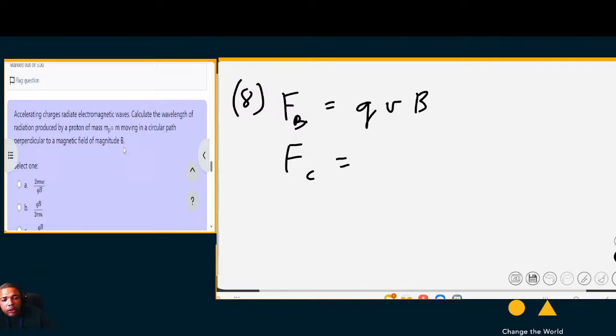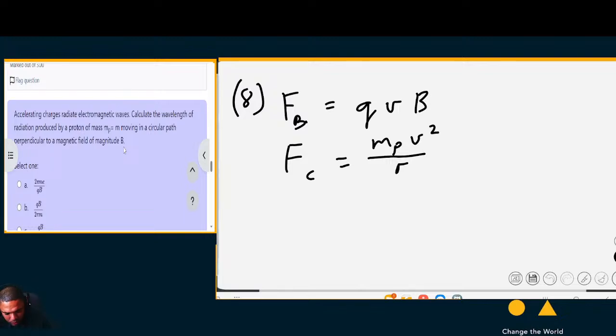This magnetic force is providing the centripetal force to move it in the circular path. We know from our first semester on mechanics that the centripetal force is mv squared over r, where r is the radius of the circular path, m is the mass of the proton, and v is its velocity.